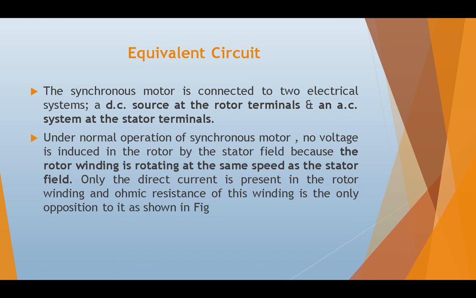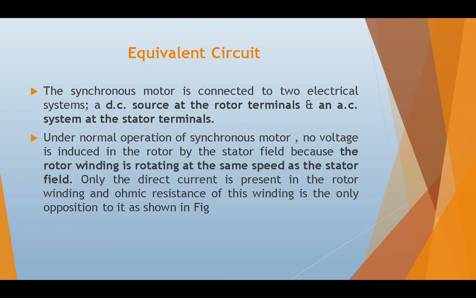Only the DC is present in the rotor winding, and the ohmic resistance of this winding is the only opposition. There is only a DC supply to the rotor terminal, and there is an ohmic resistance because the winding is made up of copper.